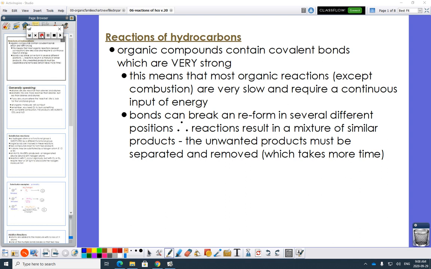So we're also going to talk about what happens when you get a mixture of products. If you choose to become some sort of organic chemist, then you actually have to figure out what is the mixture, what's the percentage of one product over another product. And then they have to be separated and removed, which takes even more time.